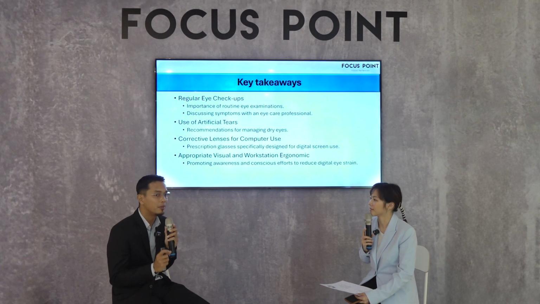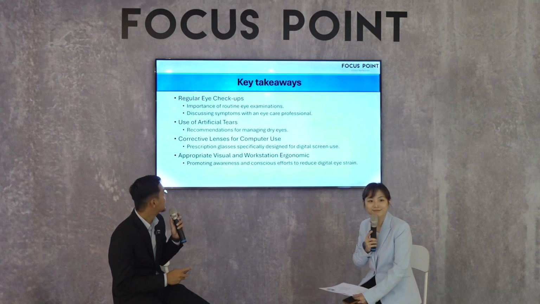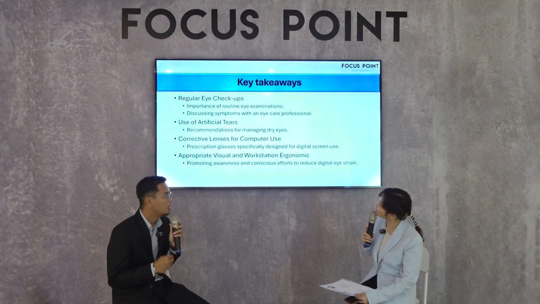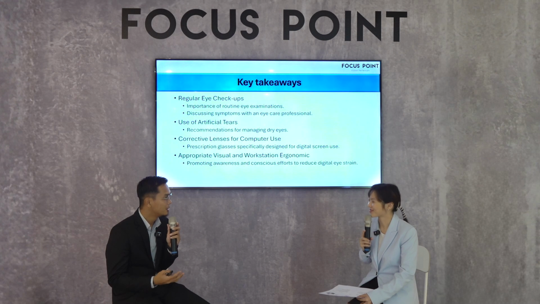So by doing regular eye checkups, we can tackle these problems. Discuss symptoms with your ECP. If you are having symptoms, don't keep it to yourself. Share it with your ECP so that your ECP knows your problems, so we can help to solve the problems. Don't keep it as your secret.